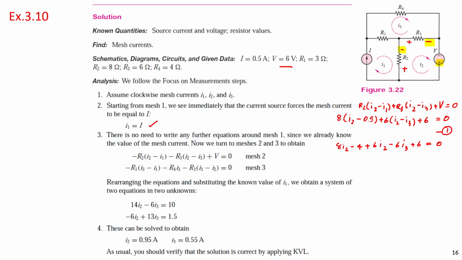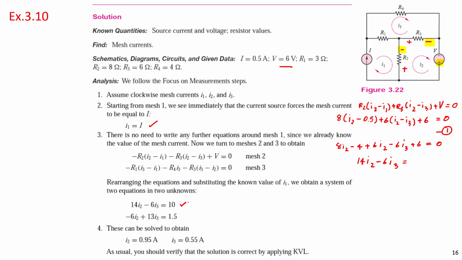Plus, minus, plus, plus. Then I2 and I2 should be 14 I2 minus 6 I3 is minus 2.